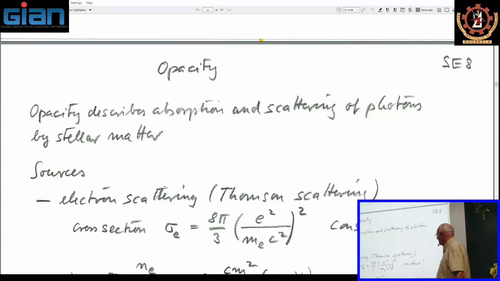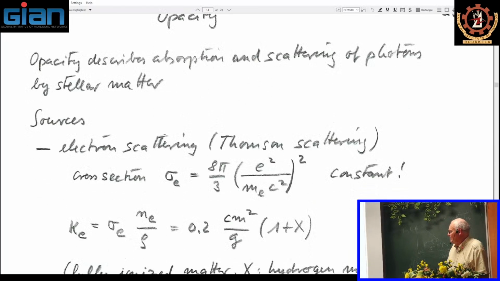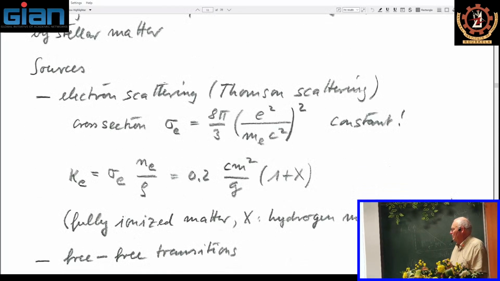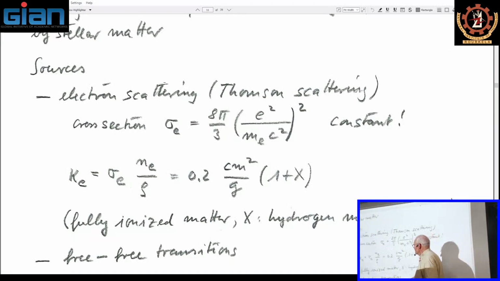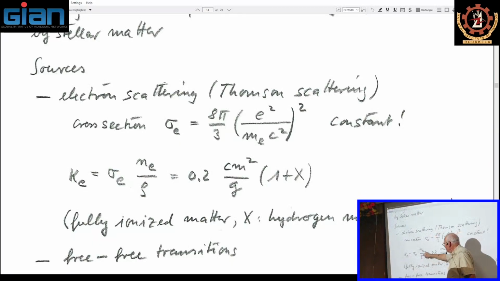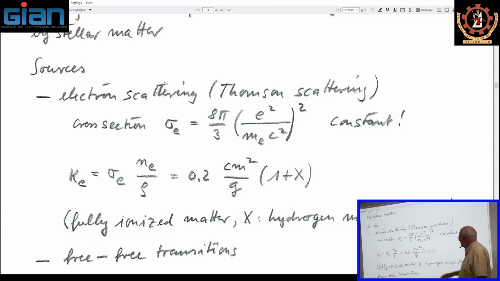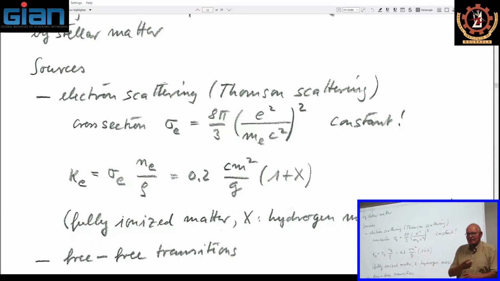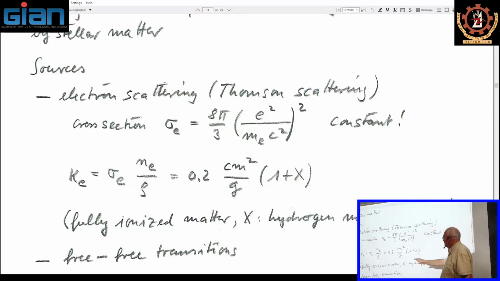So what you have then as the opacity, once this is the cross section, the opacity is given by this constant cross section times the number density of the electrons divided by the density. The number density of electrons in the case of a fully ionized gas is essentially constant.